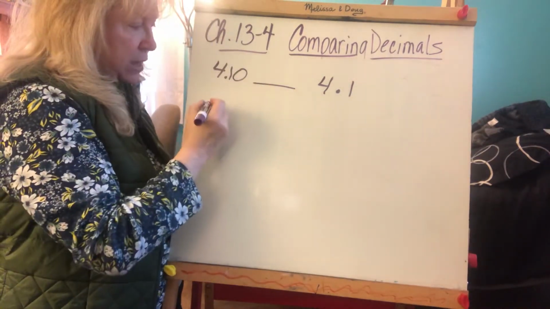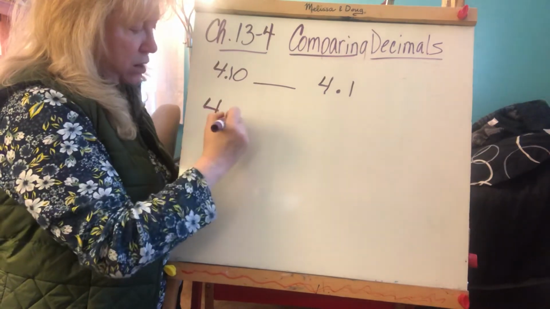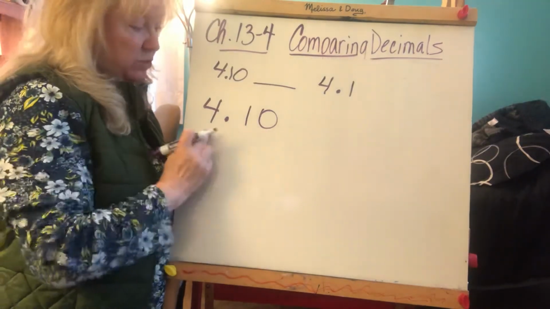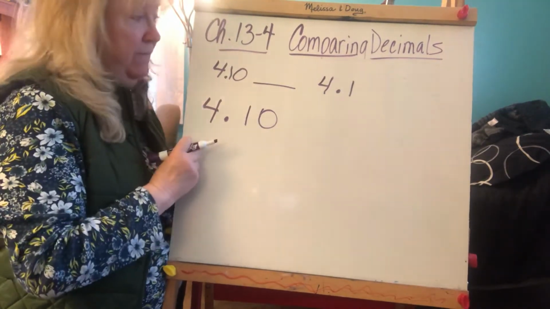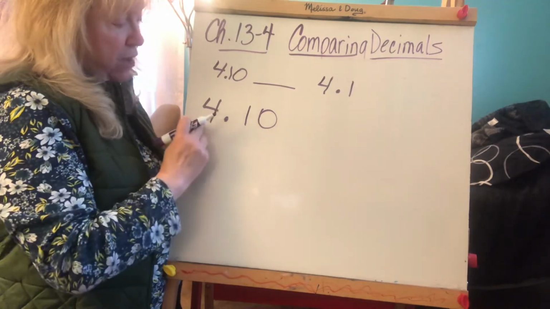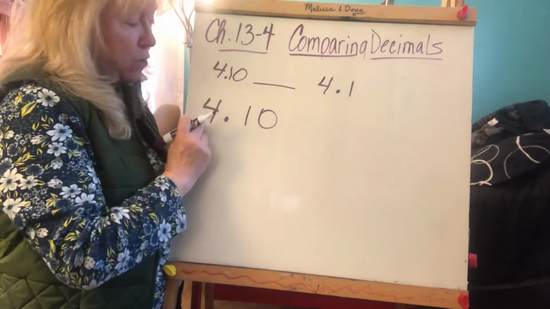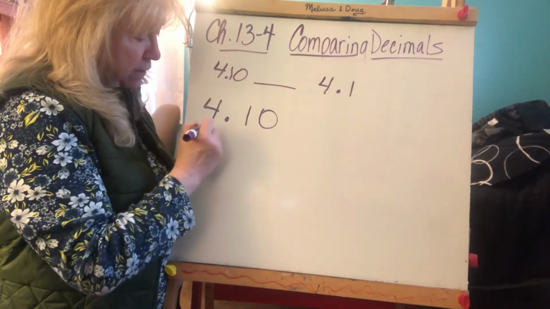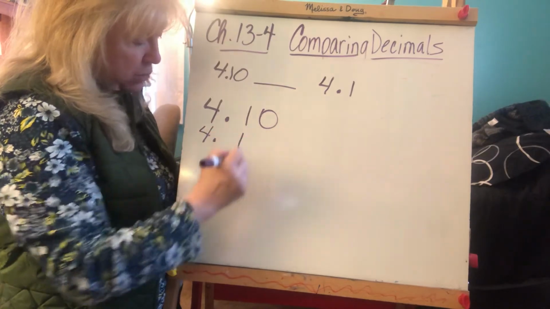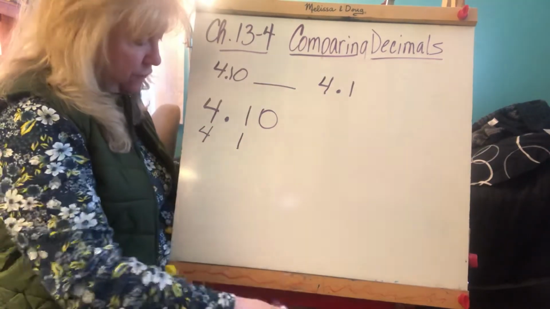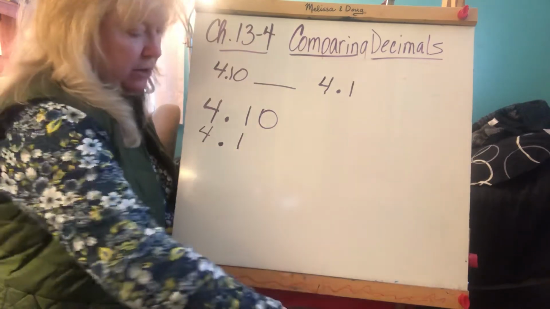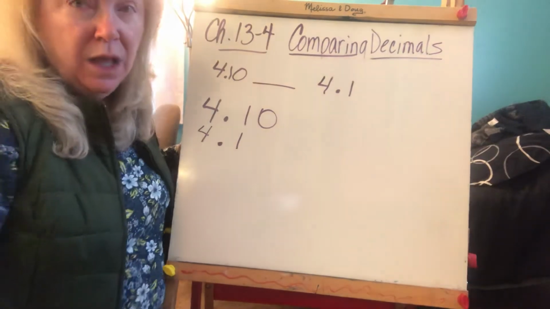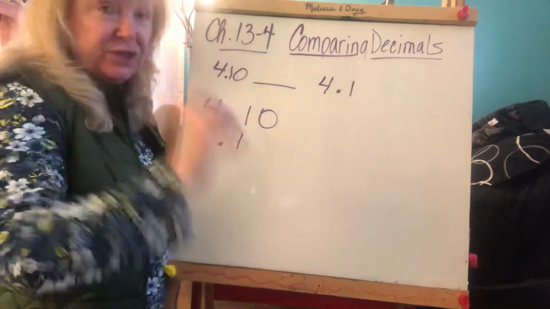Let's rewrite it. We'll start with our first number, 4 and 10 hundredths. Say this was $4.10. Say we were talking about money, $4.10, right? 4.10. 4 and 10 hundredths this is. And we want to compare it to 4 and 1/10. Okay, so what you do is the same thing.